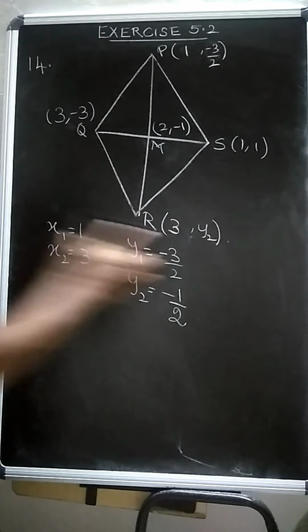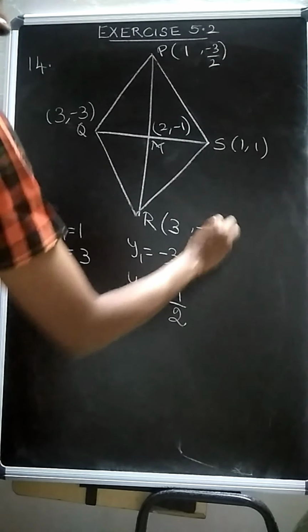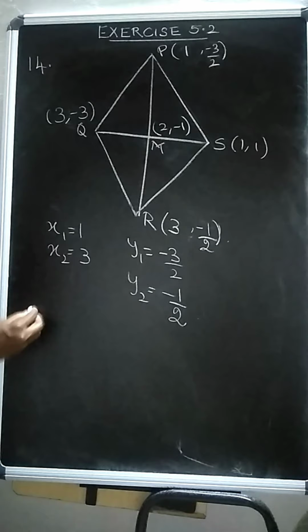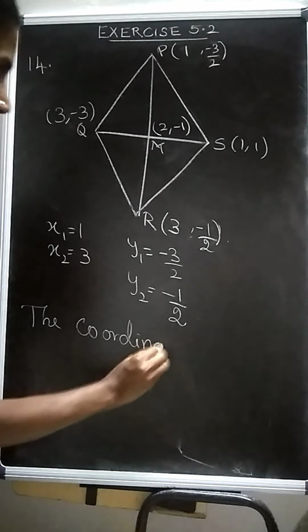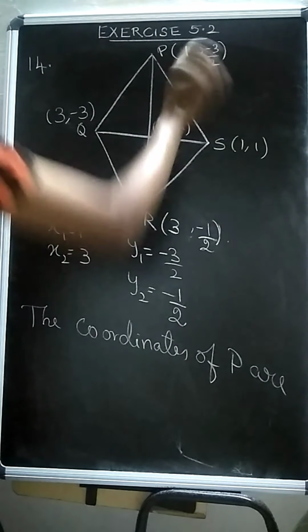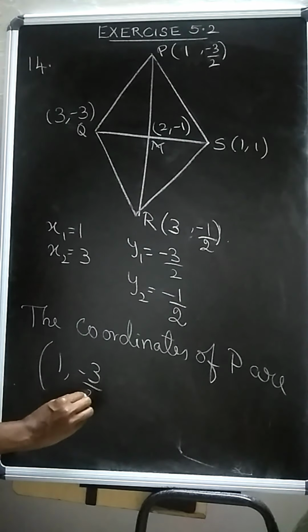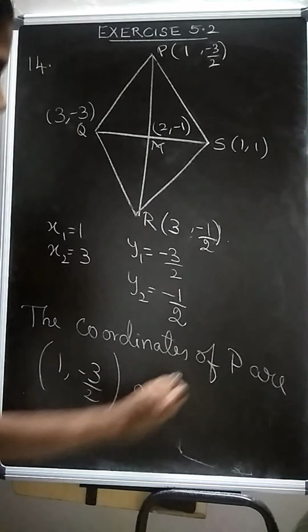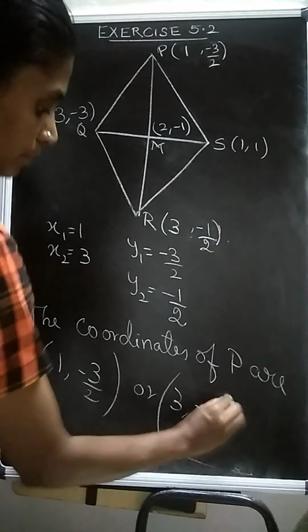Instead of y2, put minus 1 by 2. So your answer will be the coordinates of P are either 1 comma minus 3 by 2 or it can be also 3 comma minus 1 by 2.